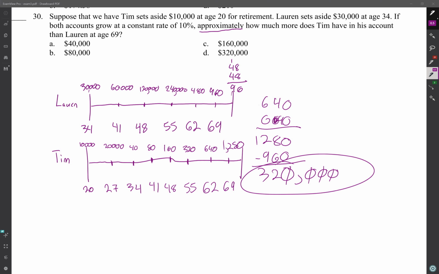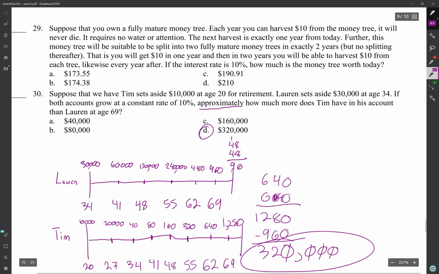We could see this applied in all sorts of other situations. When you're using the rule of 72, or 70 in this case, you're just finding out approximately how long it's going to take for something to double. So our answer there is going to be $320,000.